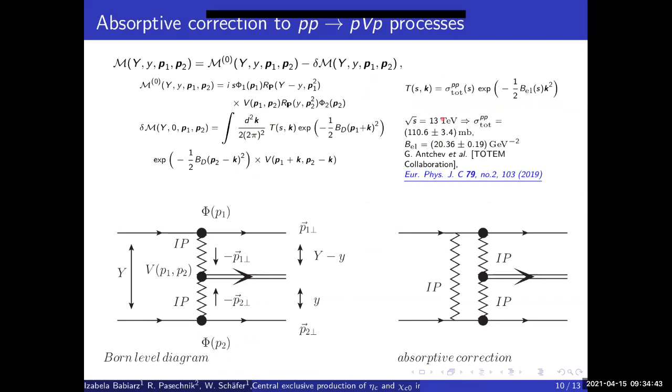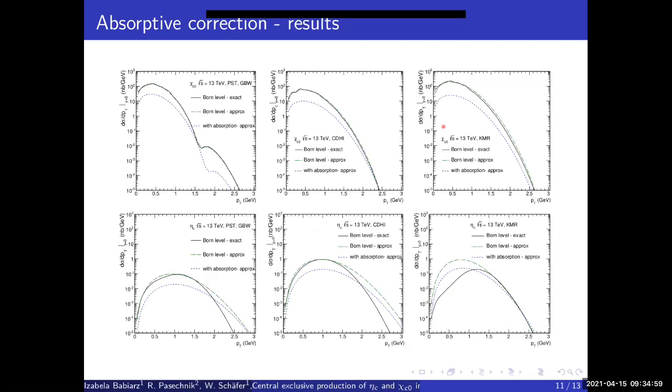So we applied this function, with these variables exactly for the 13 TeV, which we found in the literature. So the results, as we can see here, the blue line is the results with absorptive corrections, and this green line is without absorptive correction, only the Born level approximation.